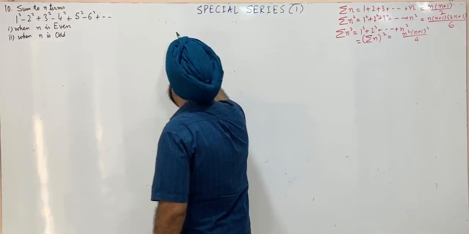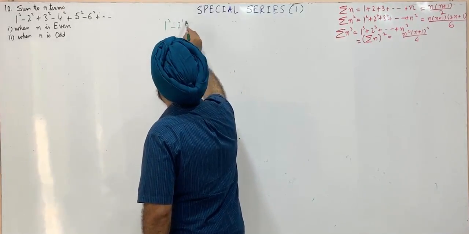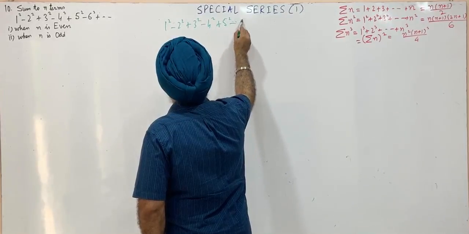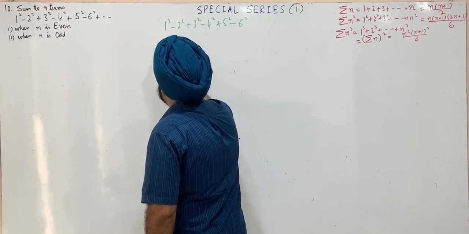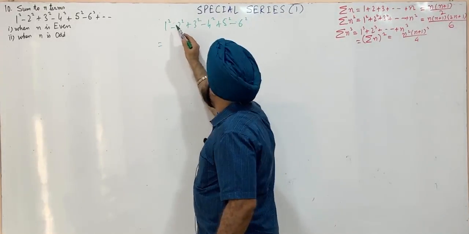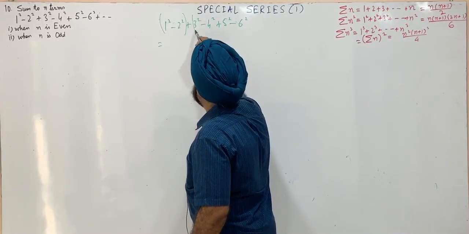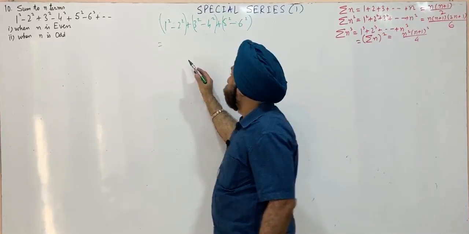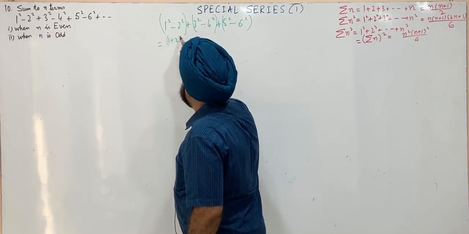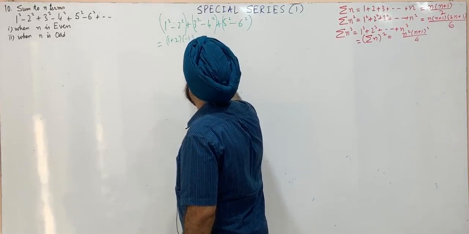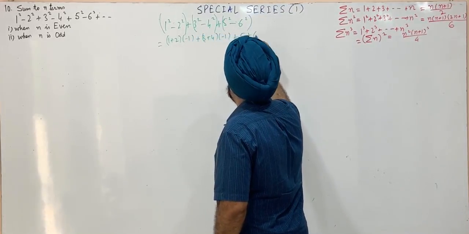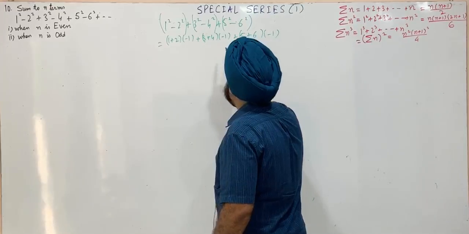So how do I find it? I write the first 6 terms: 1 square minus 2 square, and so on up to 5 square minus 6 square. Then I combine them like this: first with second, third with fourth, fifth with sixth. A square minus b square is a plus b into a minus b, so each pair gives a plus b into a minus b.